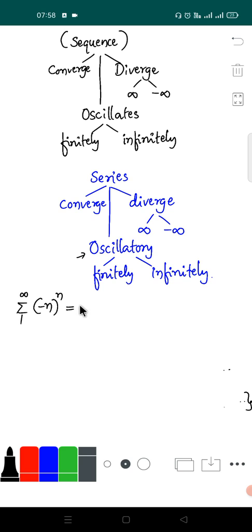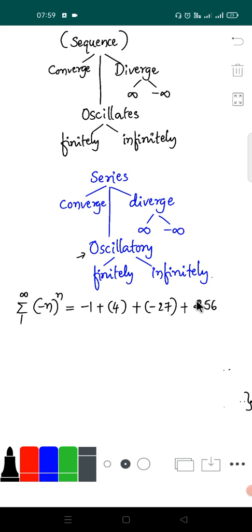When you see the behavior of this series, if n is 1, this is minus 1 to the power 1, that is minus 1, plus, if n is 2, minus 2 whole square, that is 4. If n is 3, that is minus 3 whole cube, that will be minus 27, right? And the fourth term will be 4 to the power of 4, that is 256.